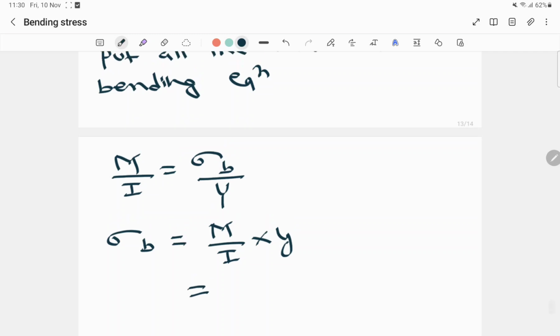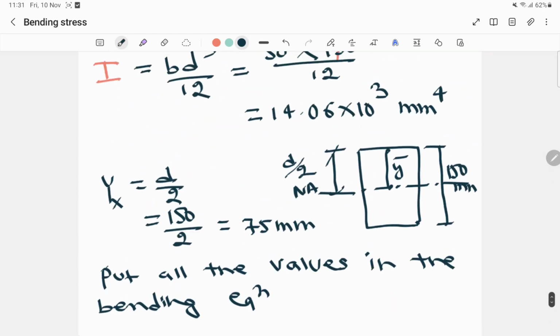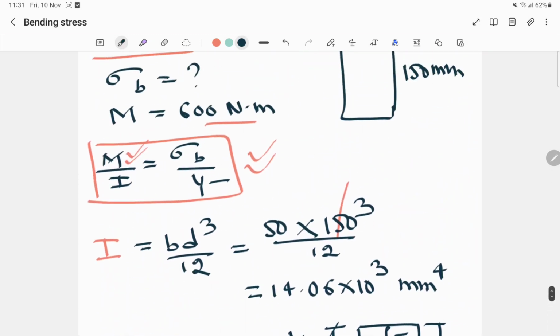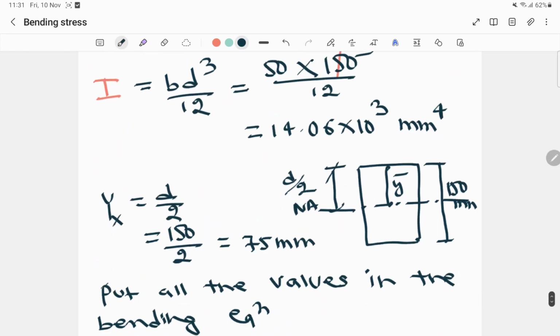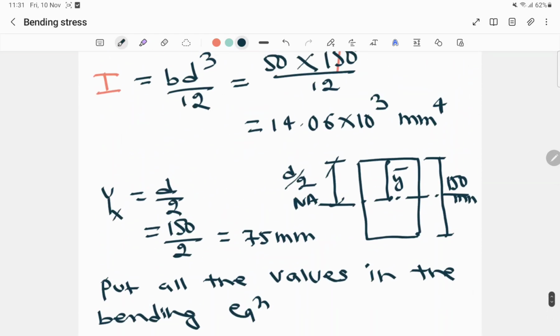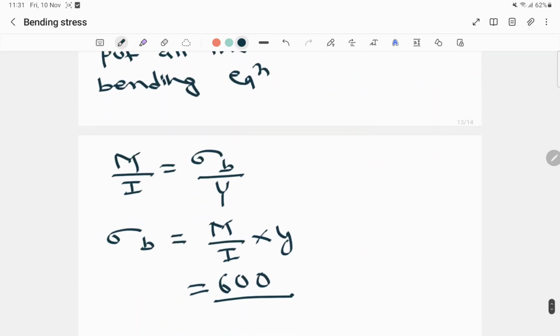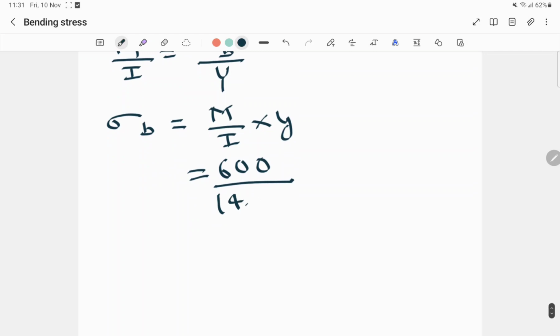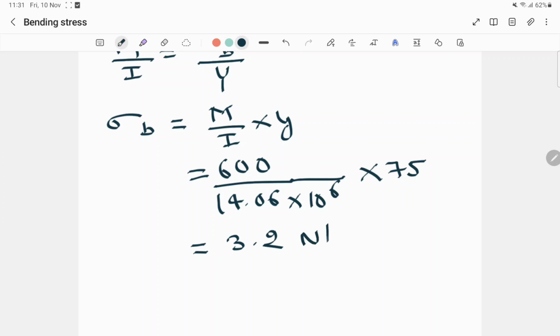We have all the values: M is 600 Newton meter, I is 14.06 into 10 to the power 6, and y is 75. So we'll get the value around 3.2 Newton per millimeter square.